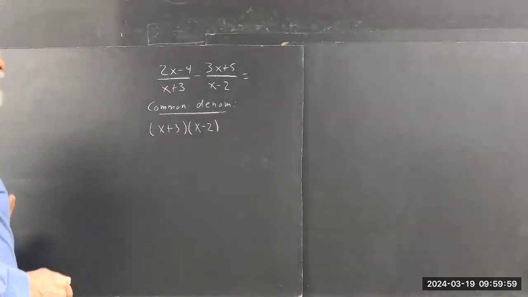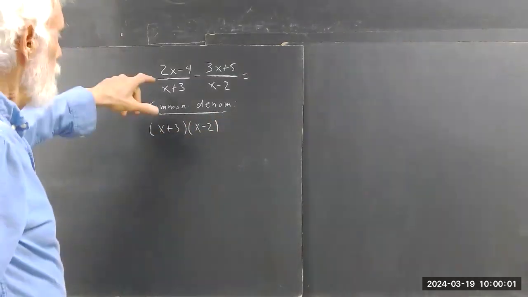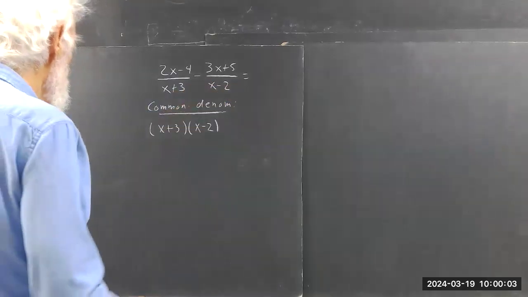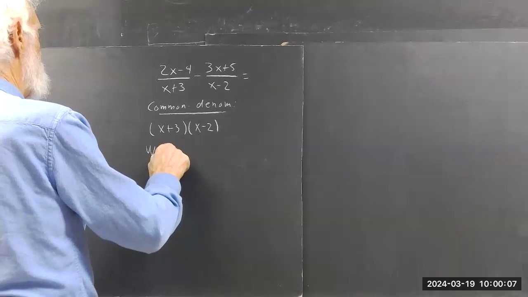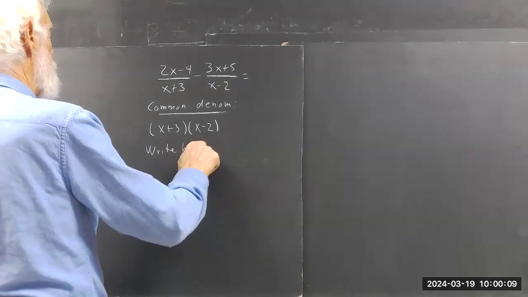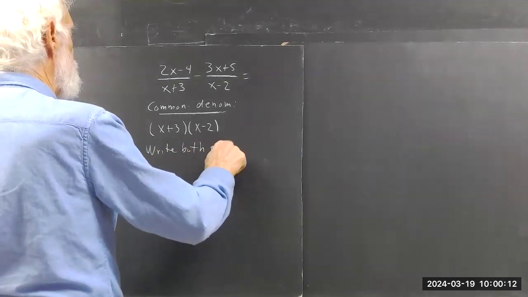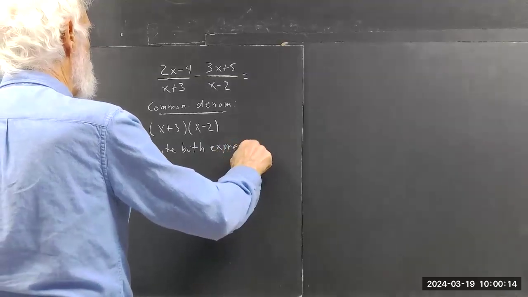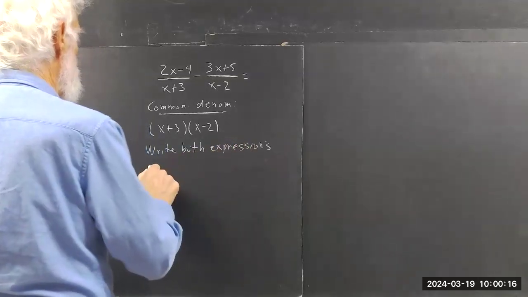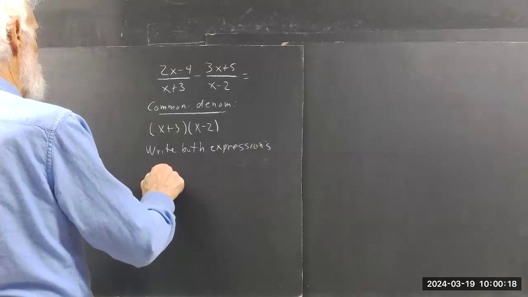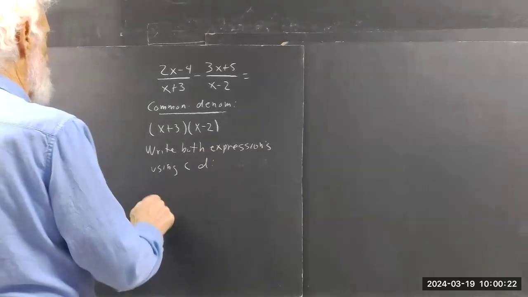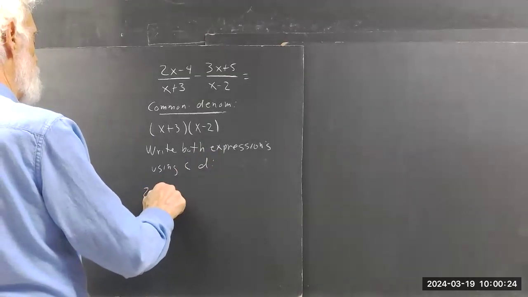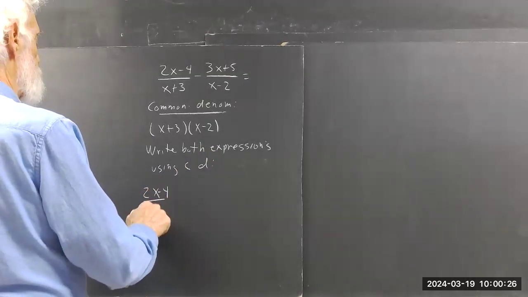All right. Now we want to write these expressions both with the common denominator. Okay, so we take our 2x minus 4 over x plus 3.